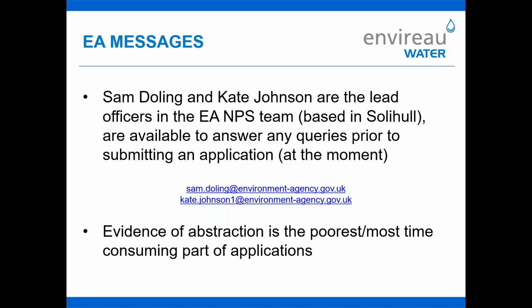They're the people that eventually get your forms via the normal process. They're actually based in Solihull, but you'll send your forms to Sheffield, but they will get to Sam and Kate. But more importantly than that, if you're struggling, they are there at the moment to answer questions and assist you with completing the forms and the supporting information that goes with them.